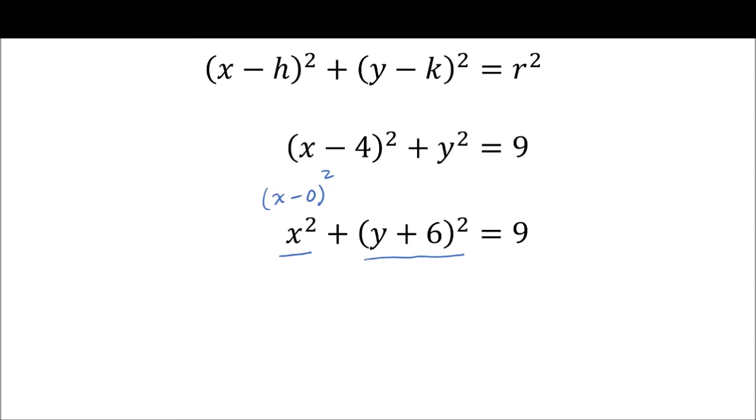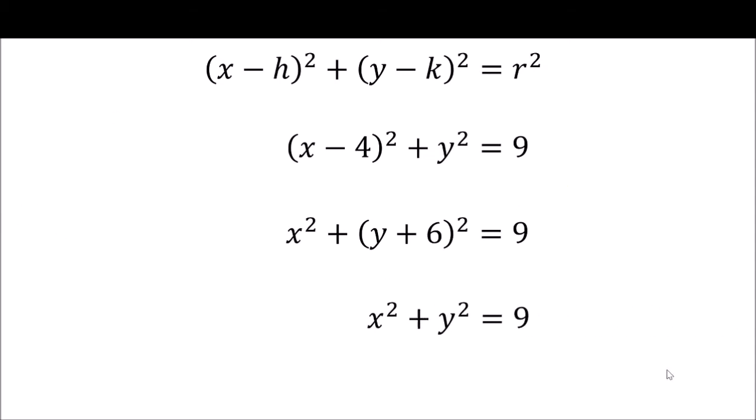We can just write x squared by itself, right? This goes away, and that's just x squared. And again, the center for this particular circle would be 0 for x, and then y plus 6 means negative 6 for the y, right? So again, the center is at 0, negative 6 for this circle.